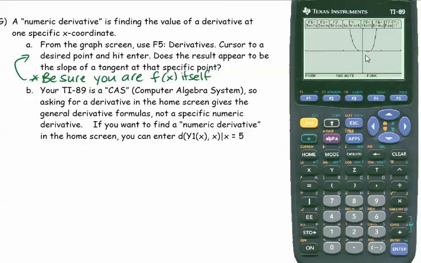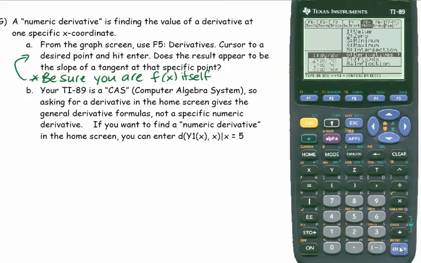And now if I wanted to know what the derivative was at any value, so now if I go back to my F5 menu, I have a choice to find derivatives. So I go down to choice 6, and notice there's a side menu here. We want to find, and the others are grayed out because we're only using two variables, so it's going to be dy dx.